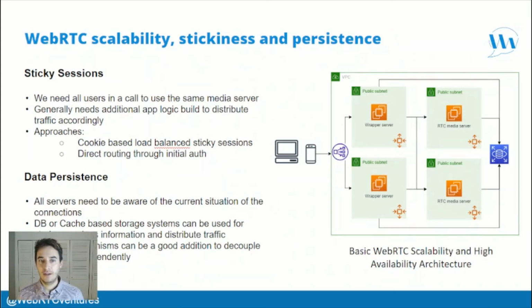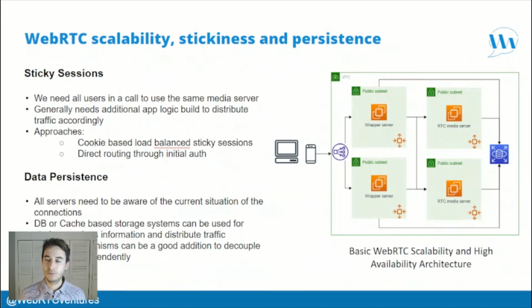We can use different approaches. We could use cookies for load balancing the specific user. So maybe initially we give a cookie to the client, and then the client will be reaching the same server all the time until the call finishes.